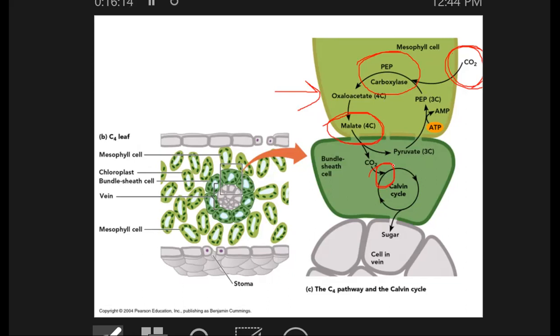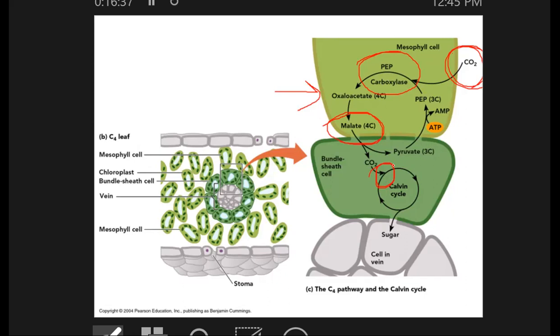So it's really an elegant solution to this issue of we've got to make sure rubisco just sees a ton of CO2. We don't want it to see oxygen. We don't want that silly PCO cycle to keep running. Does it make sense? Yes.